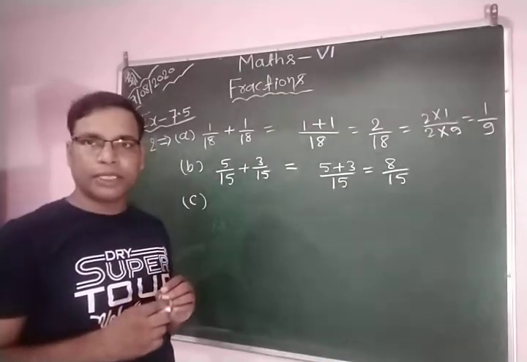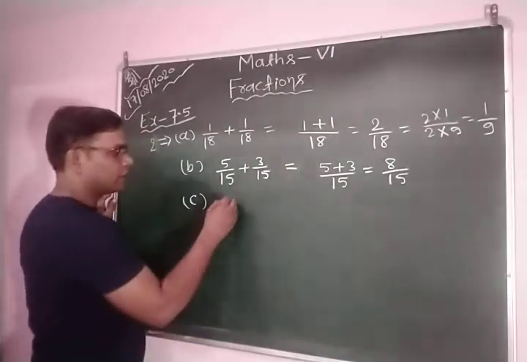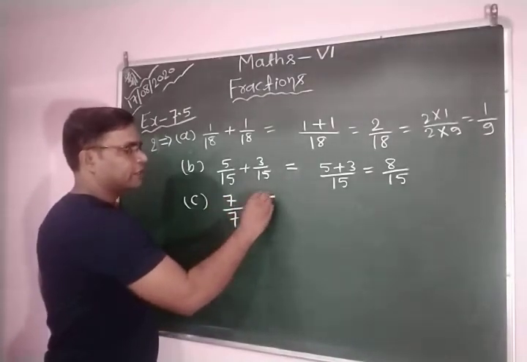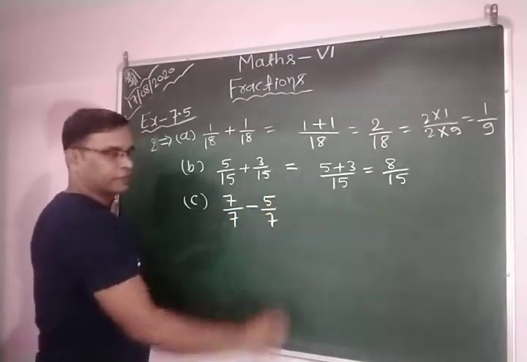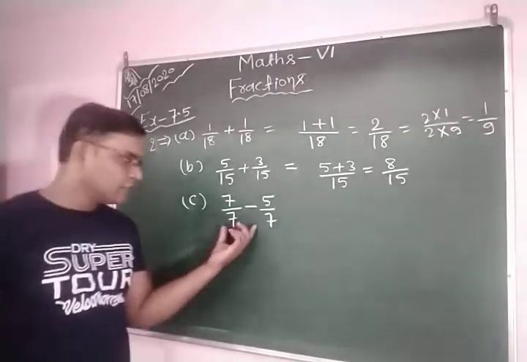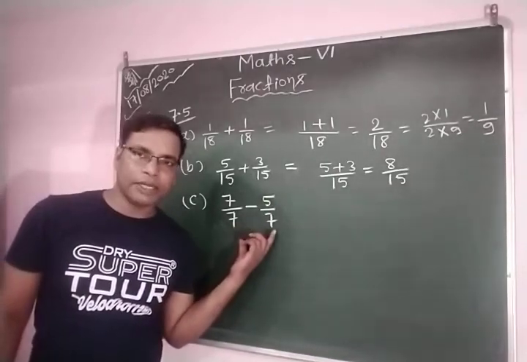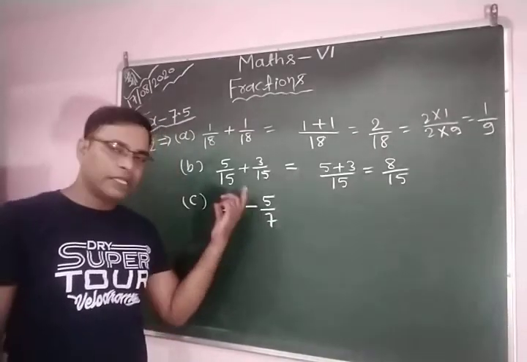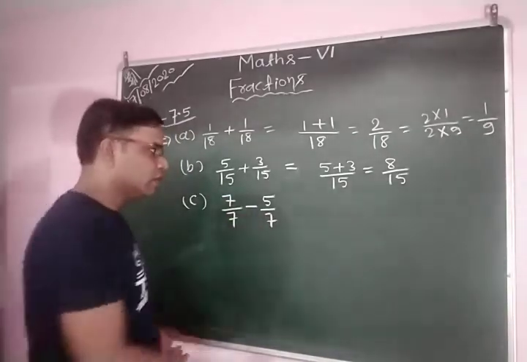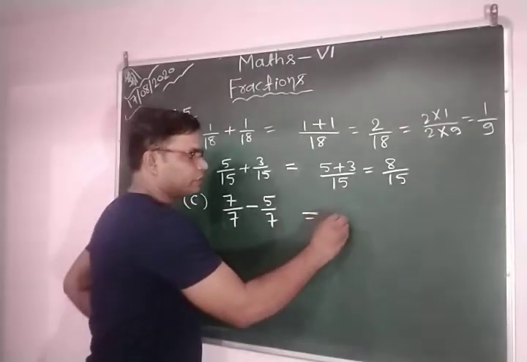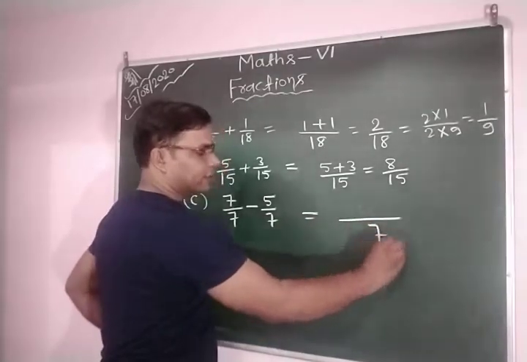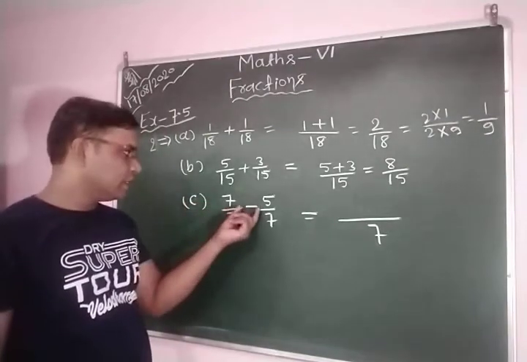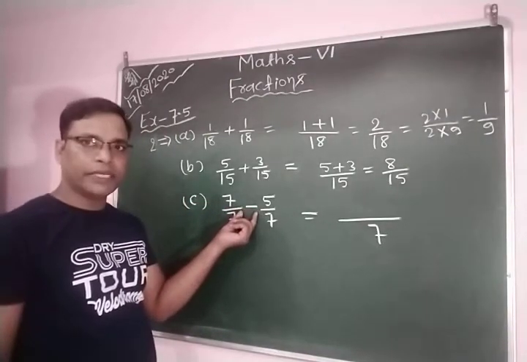C part of this question is 7 by 7 minus 5 by 7. Okay, so here again you can see the denominators of both fractions are equal, so you can write 7. After this, for the numerator, here you can see this is a minus symbol.